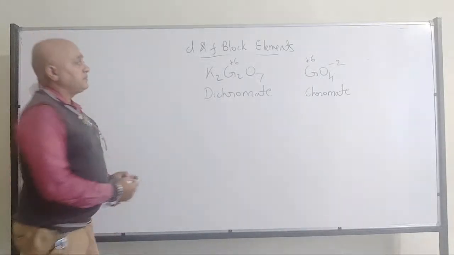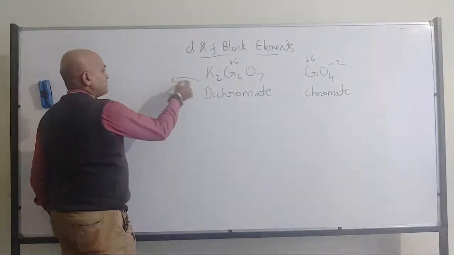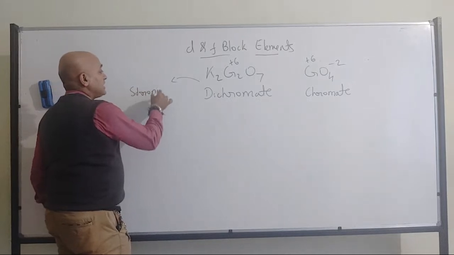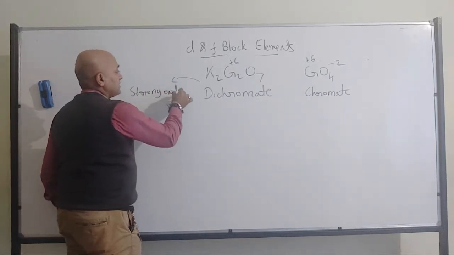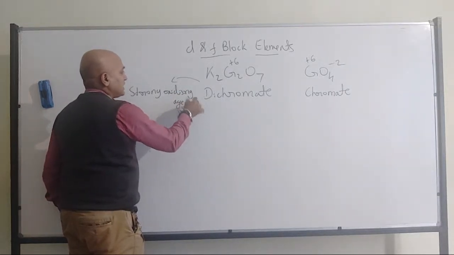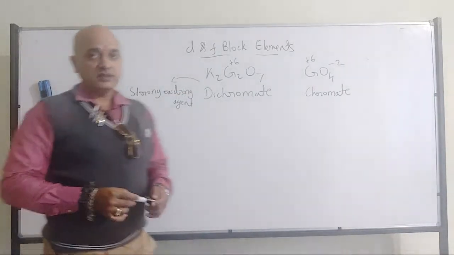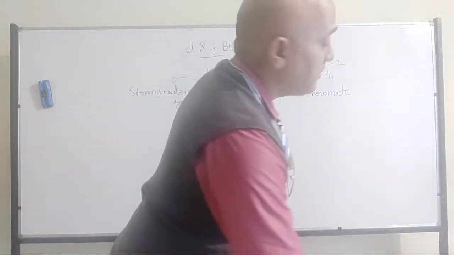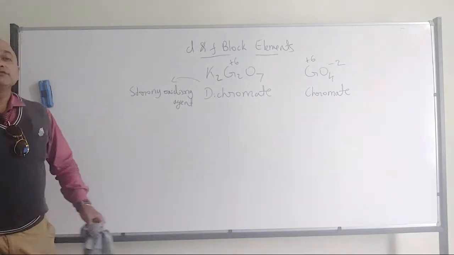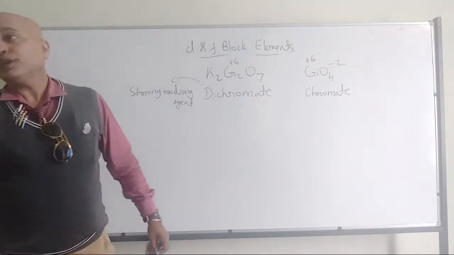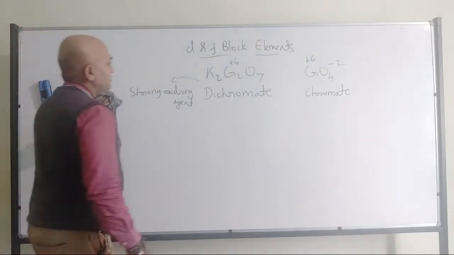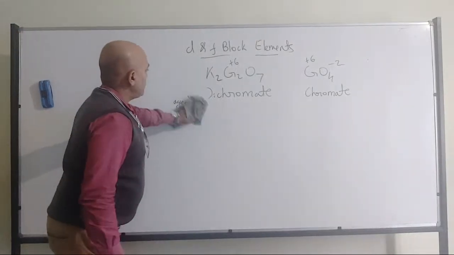But still, potassium or sodium dichromate is considered a strong oxidizing agent. Although chromium is in +6 oxidation state, the highest oxidation state which can be attained by chromium, that is +6. So that's why we have discussed about dichromate and chromate.